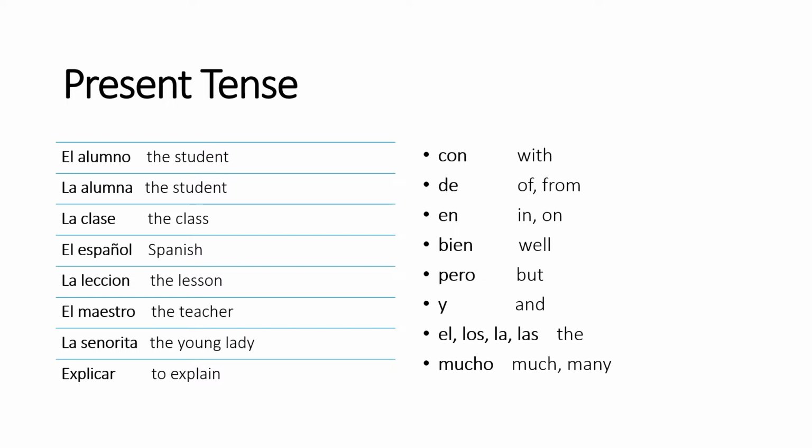Some words that will help us to understand more in the next examples. Some of the conjugations are also here that you are familiar with. For example, con, de, en, bien, pero, y, and the articles el, los, la, las, mucho.